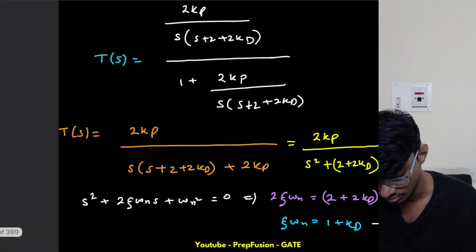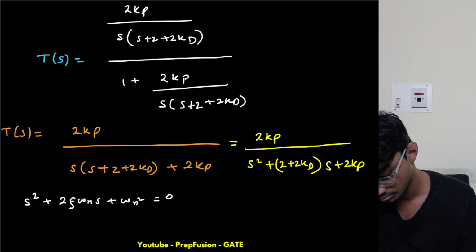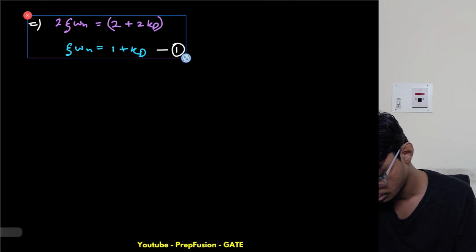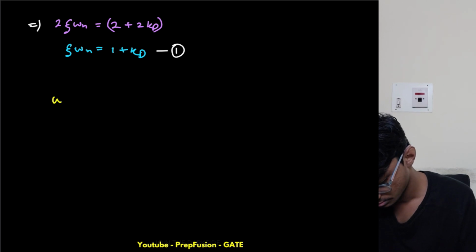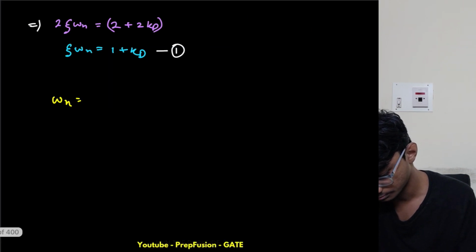Now what is omega n equal to? Let me not take this into the next page actually. My omega n is equal to 2 kp, right? Omega n is equal to 2 kp. Is this true?